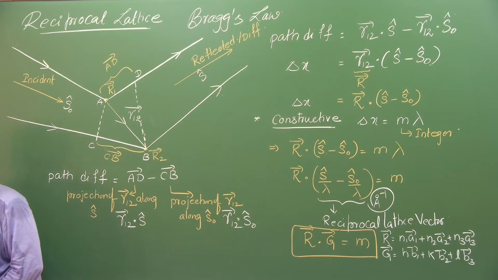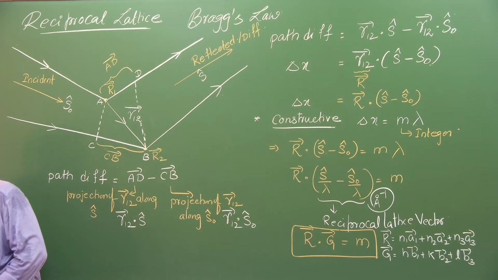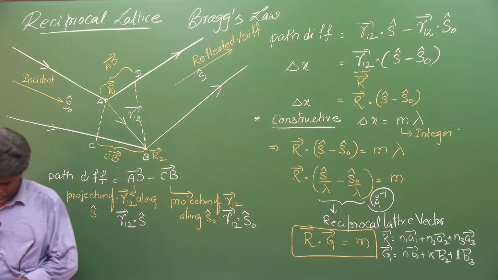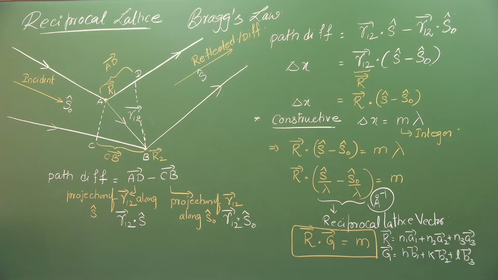Don't simply copy. It is small algebra, nothing else. Projection: if you want to find that distance, simply project that vector along S naught cap and S cap. That's it.